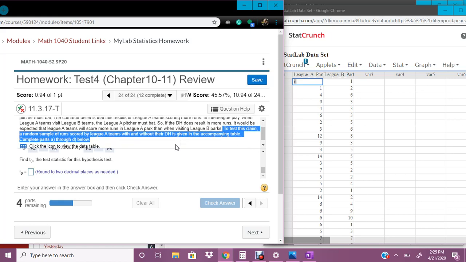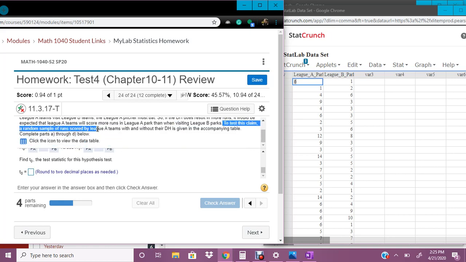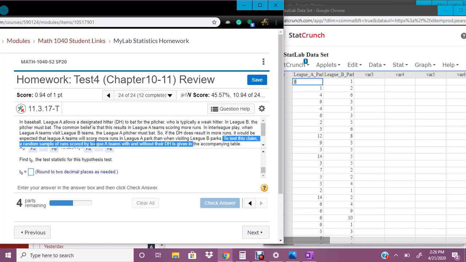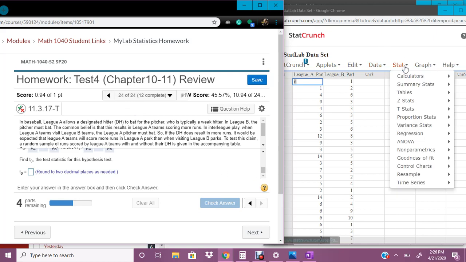It says a random sample of runs scored by league team with and without their. So since it says the random sample thing, where they get one sample has no effect on where they get the other sample, so it's not necessarily teams that are playing each other.